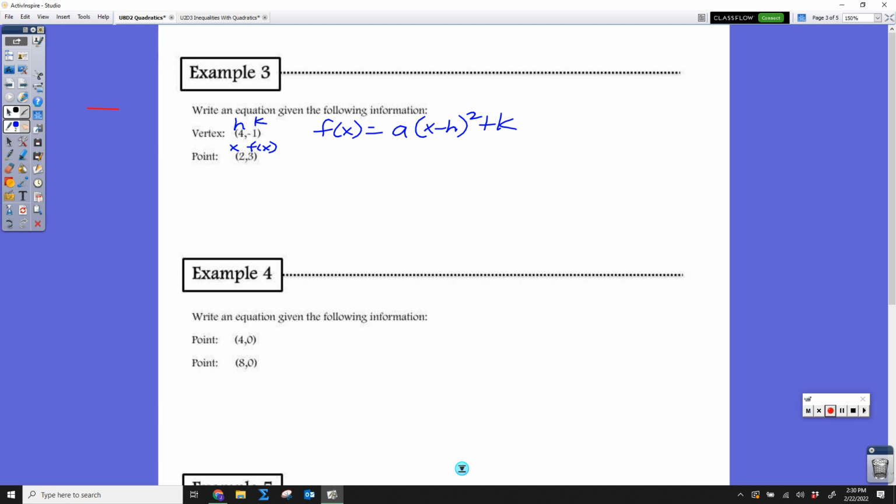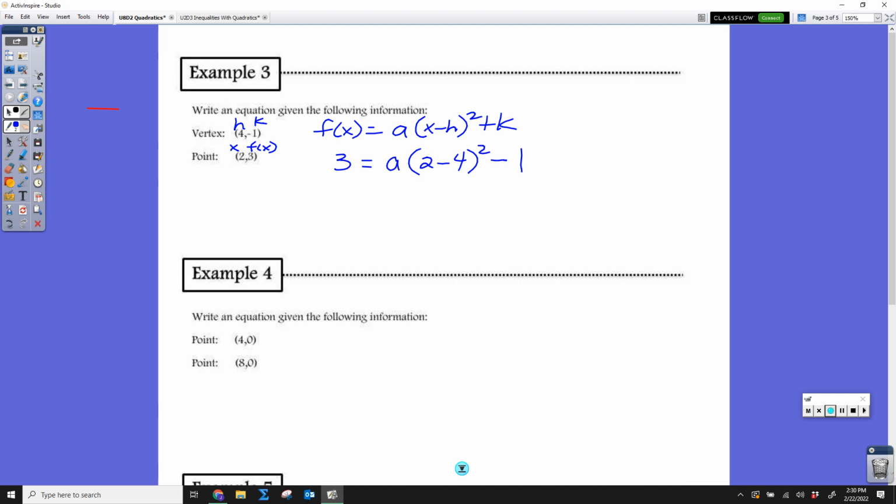So let's go through here. f of x is now 3. A, we don't know the amplitude. We don't know how we're moving this thing as far as stretching it or compressing it, so we're going to leave it. x is 2, minus our h value, 4, and then we're going to add that negative 1, so just minus 1 is fine.